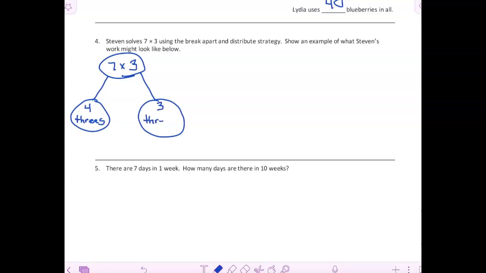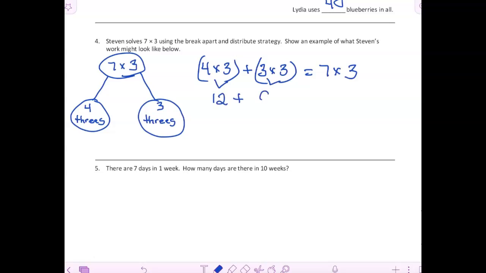So 4 plus 3 equals 7. And now I'm going to do 4 times 3. I multiply each of those plus 3 times 3 equals our 7 times 3. 4 times 3 is 12, plus 3 times 3 is 9. 12 plus 9 is equal to 21.